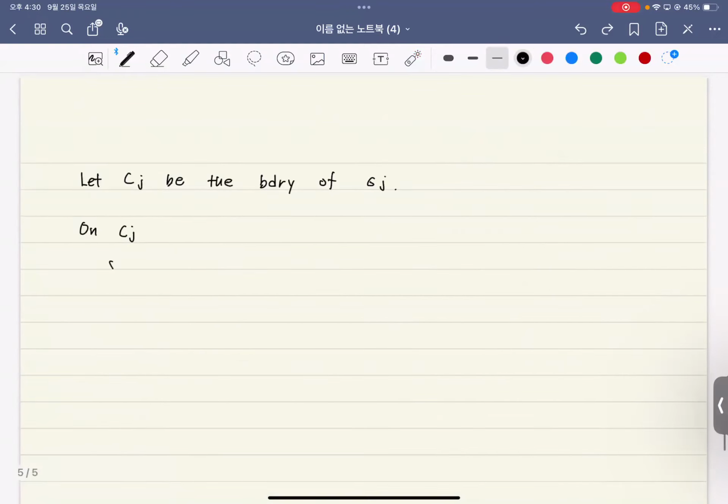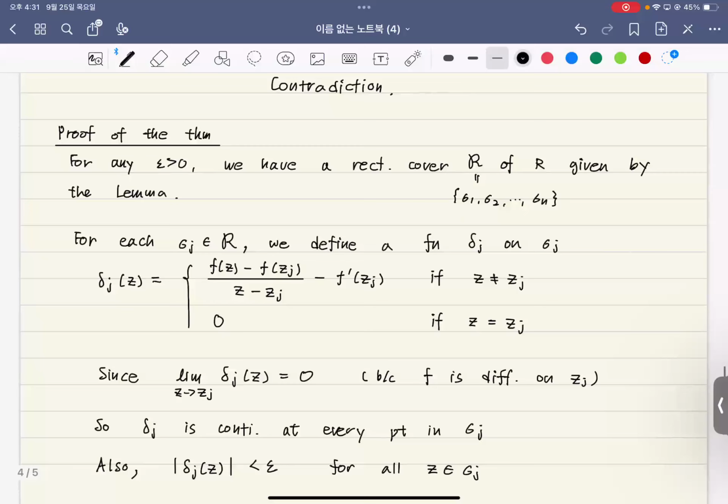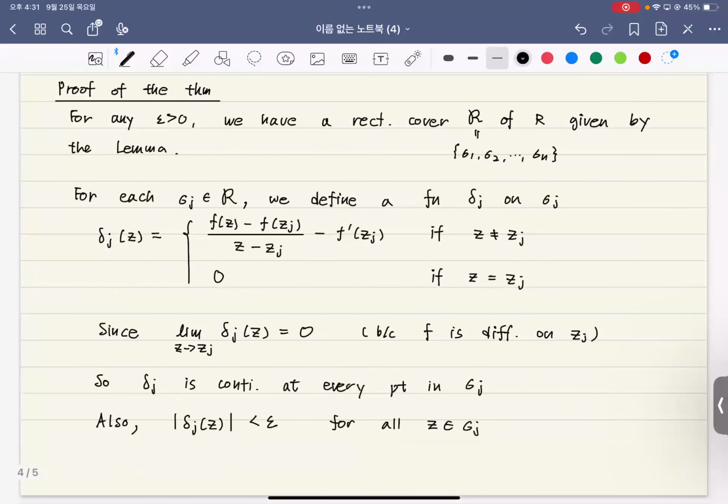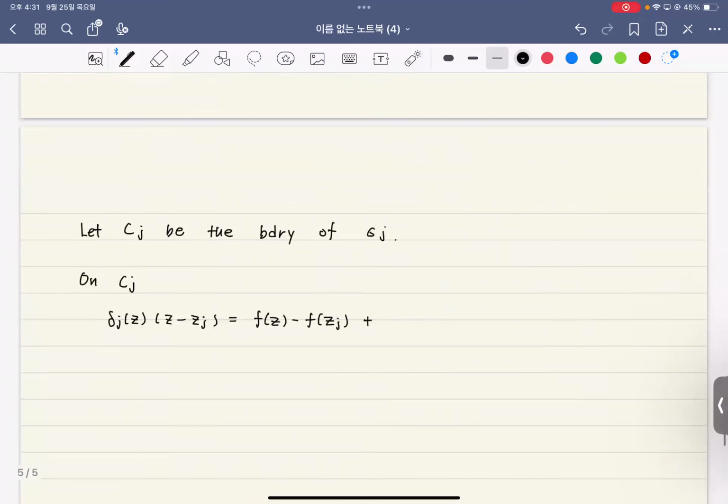So moving this to the other side of the equality, delta j of z times z minus zj is f of z minus f of zj, minus f prime of zj times z minus zj. Sorry, it should be minus. And I want to solve this equation for f of z.